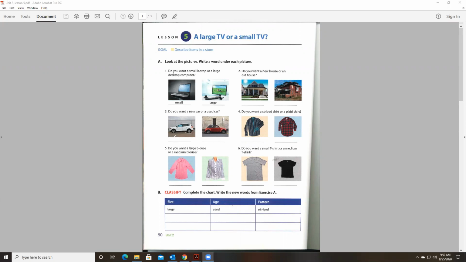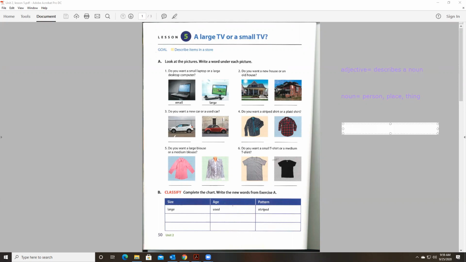Okay, so remember when we talked about nouns a while back? We had a lesson on nouns. Remember, your noun is your person, place, or thing. Right? So your adjective describes a noun.